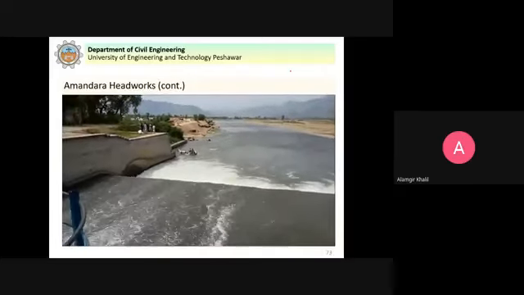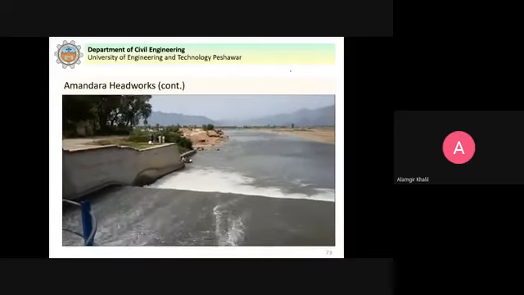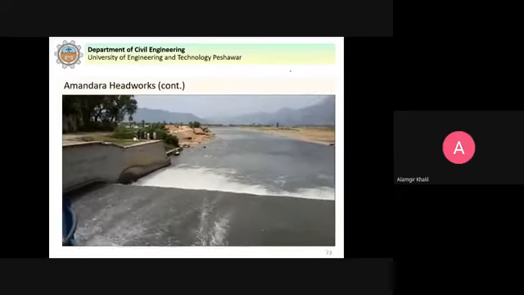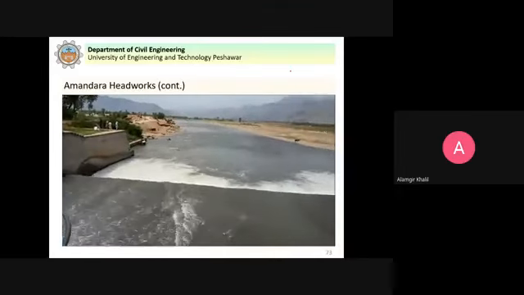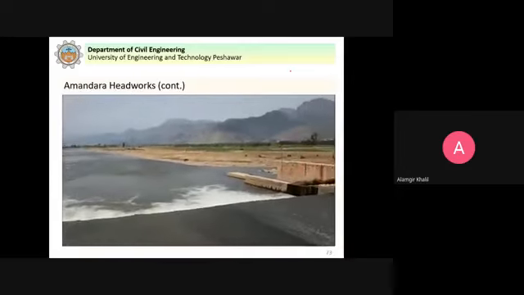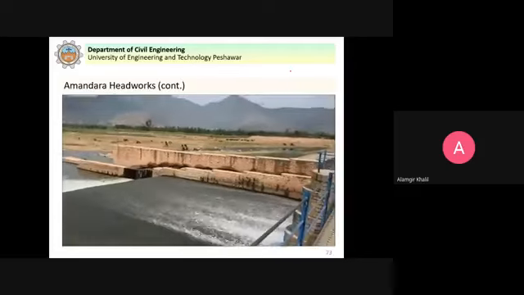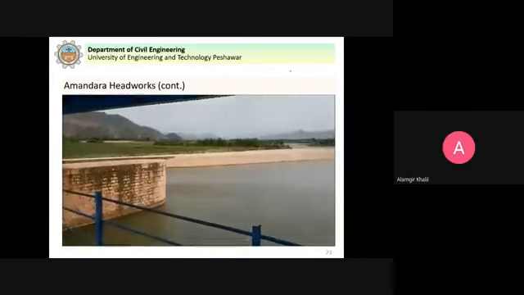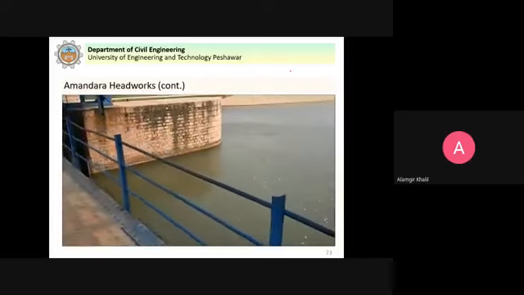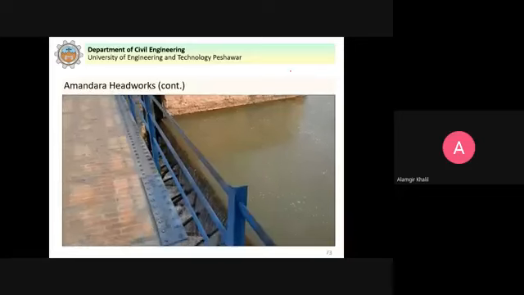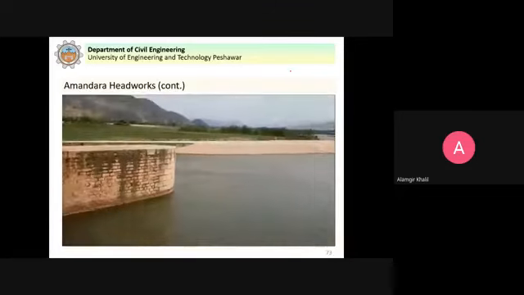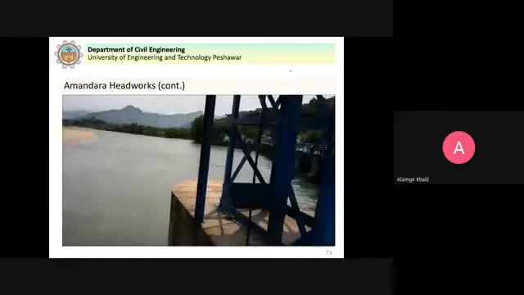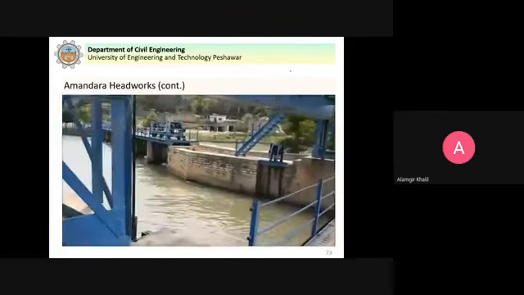This is downstream of the river Swat. This is the upstream side. And this is the head regulator.